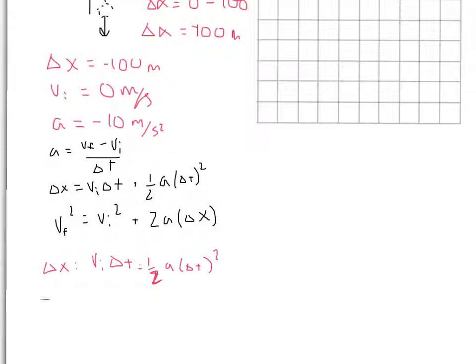Fill in what we know. We know delta x is negative 100. Initial velocity is 0, so this whole term becomes 0. Plus 1/2 negative 10 times delta t squared.